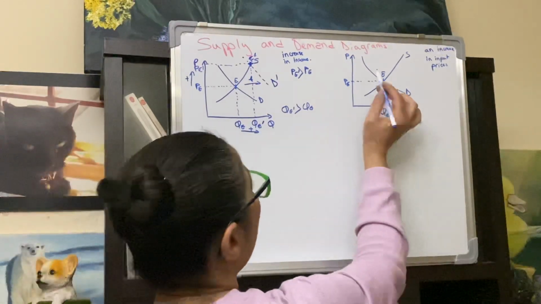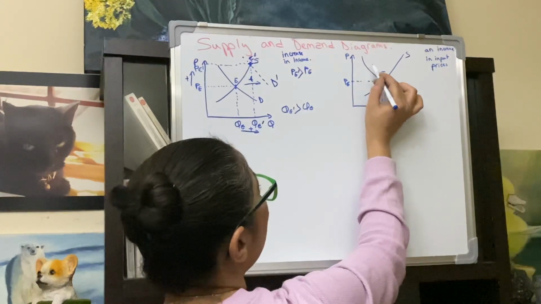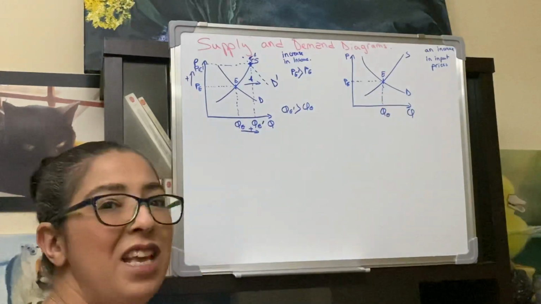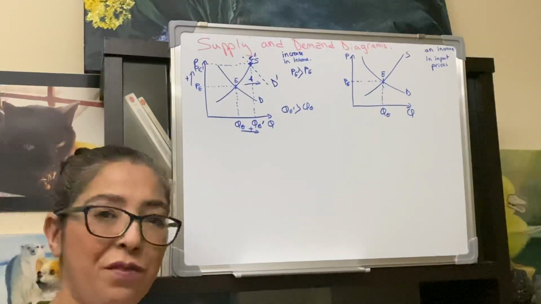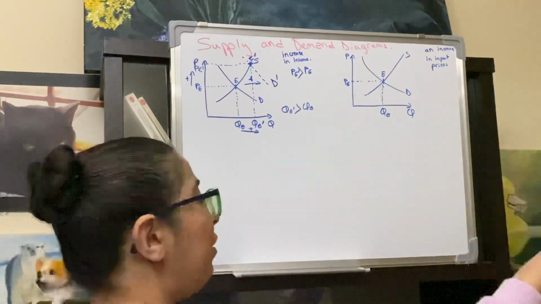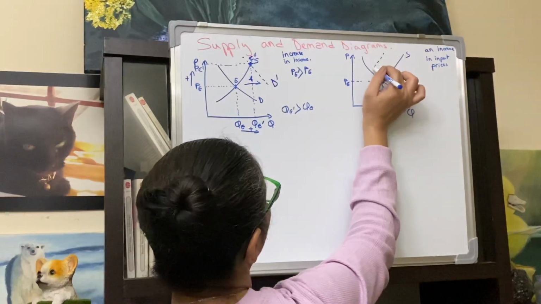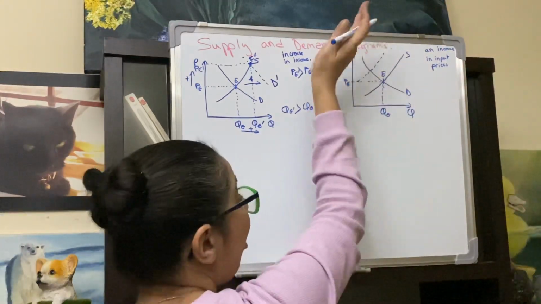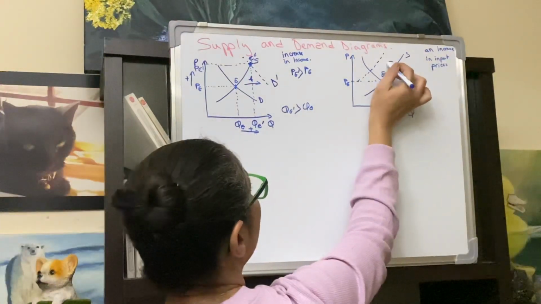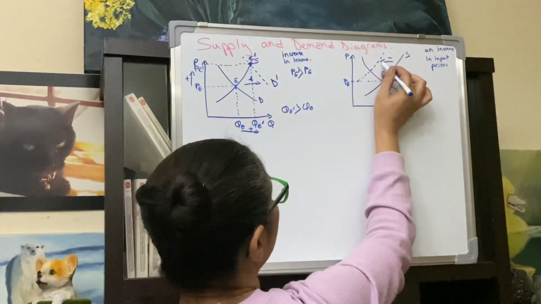So now, at this price, I'm no longer going to supply this, I'm going to supply less. So there is a shift in supply. Less. So it's a shift to the right or to the left? To the left. Even though it looks higher, it's a decrease because we're going towards the zero, not towards infinity.